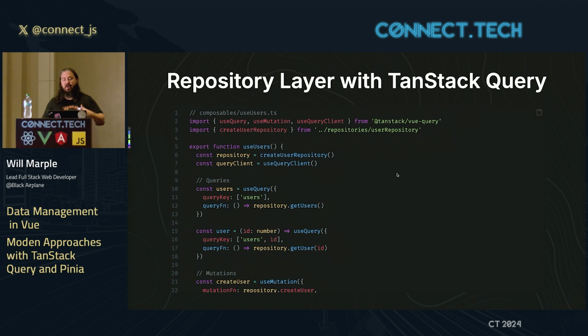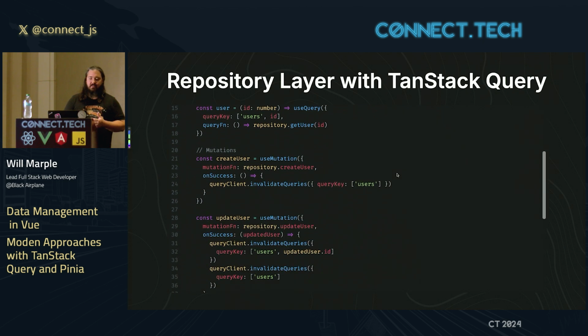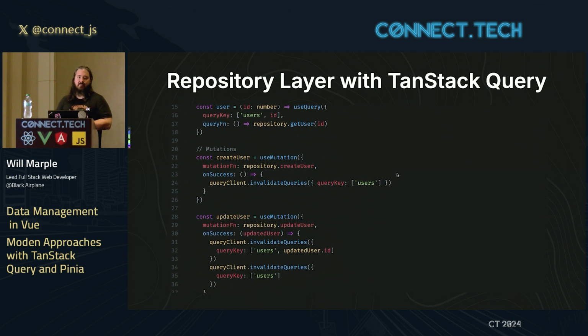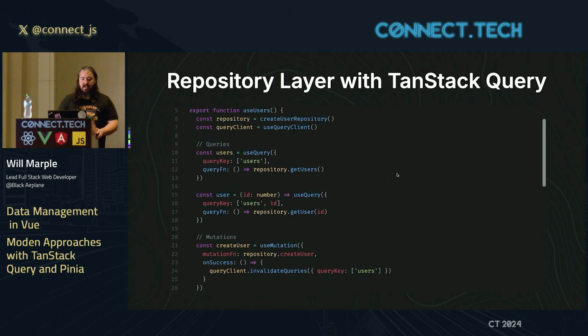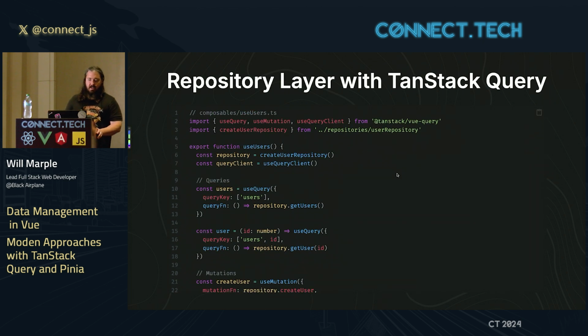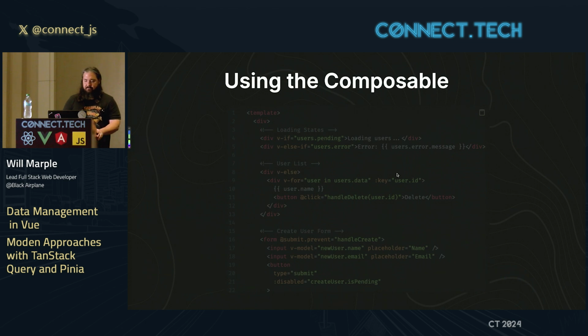And then I would have a composable with TanStack Query, where we're just using TanStack Query to implement a basic CRUD that we've all done a million times, right? But this is just an organizational point of how I would architect that.